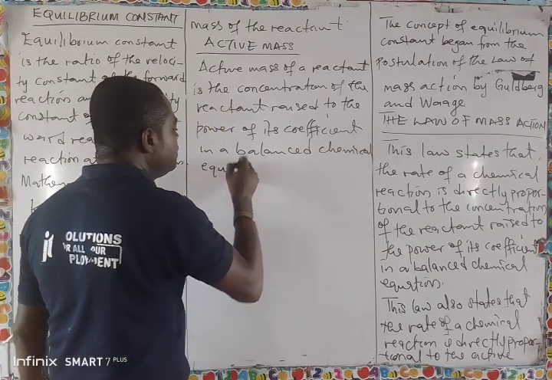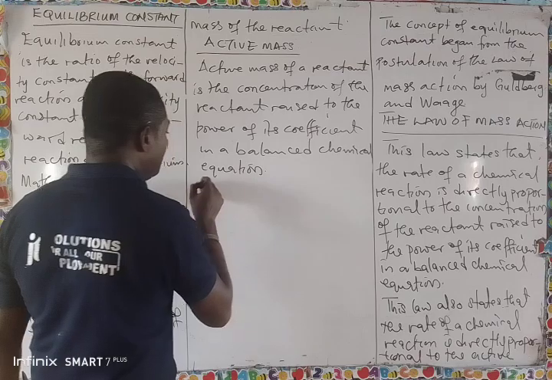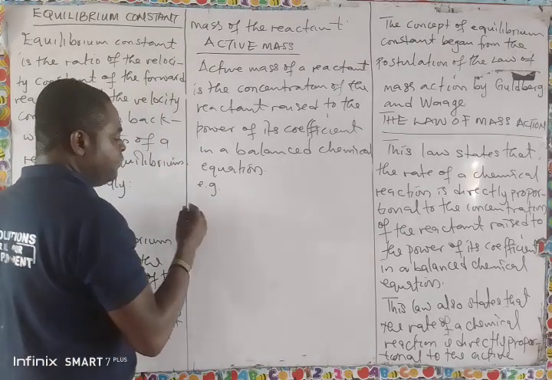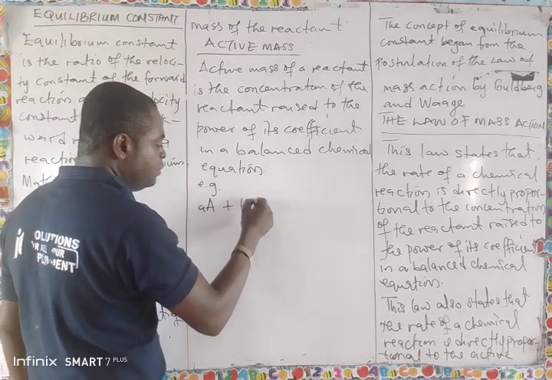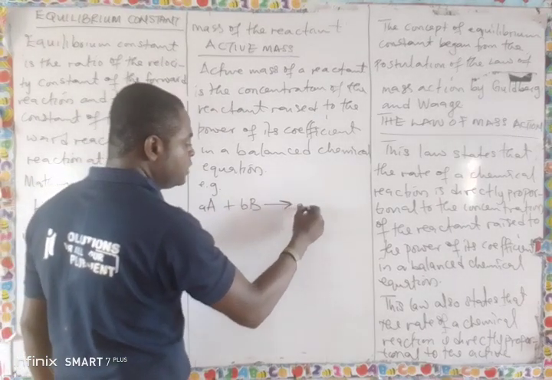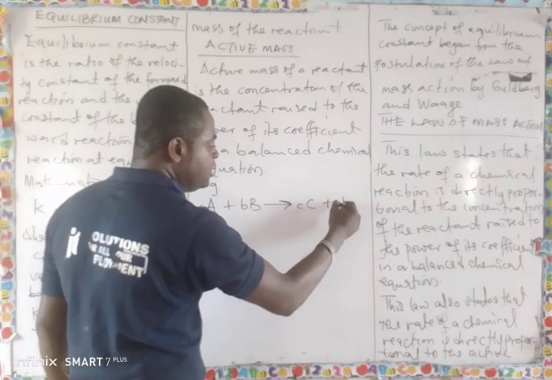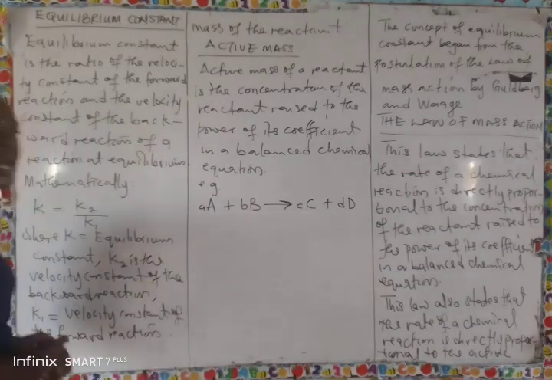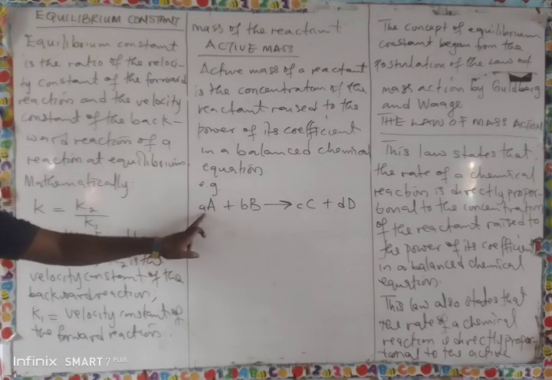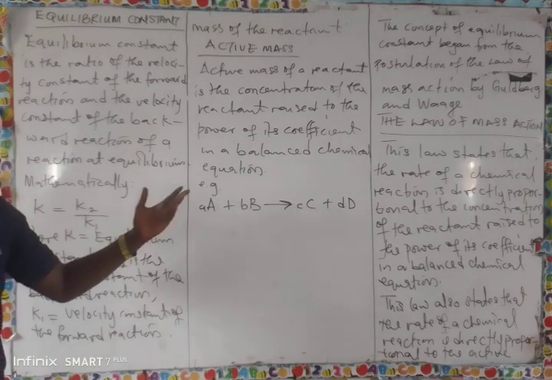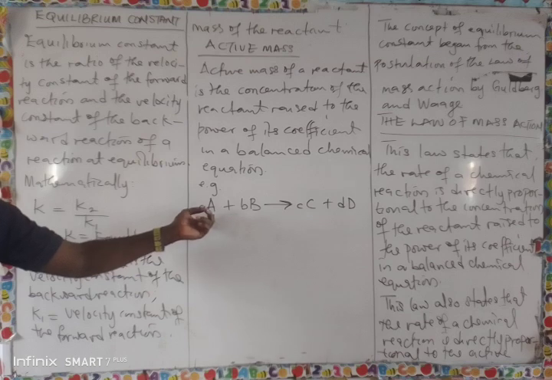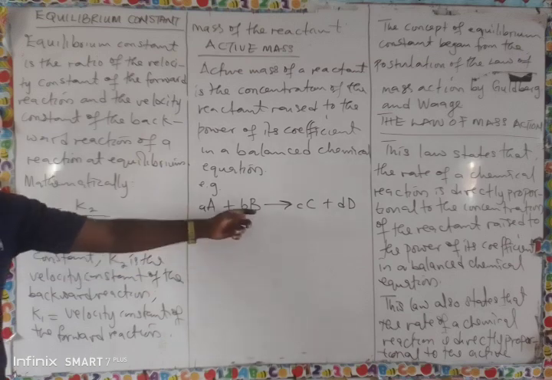What do we mean? For example, if a reaction is A plus B equals C plus D. This is a balanced chemical equation now. The small letter a is what they use to balance it, just like the coefficient.